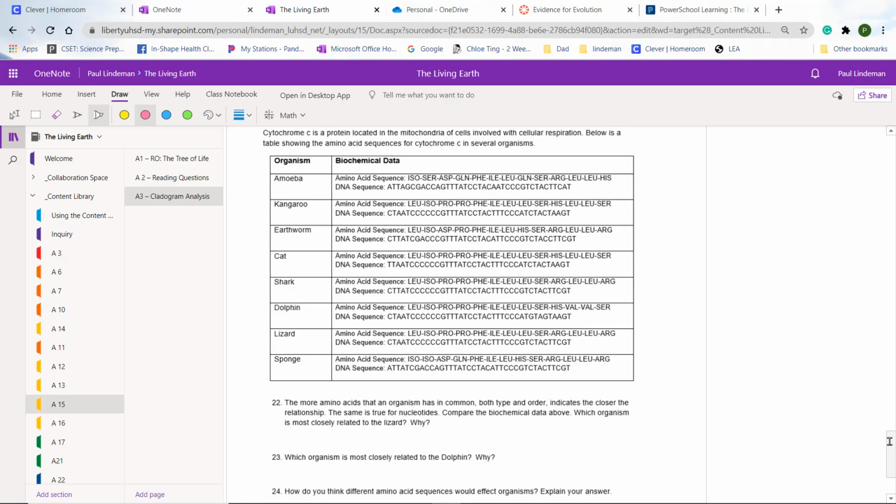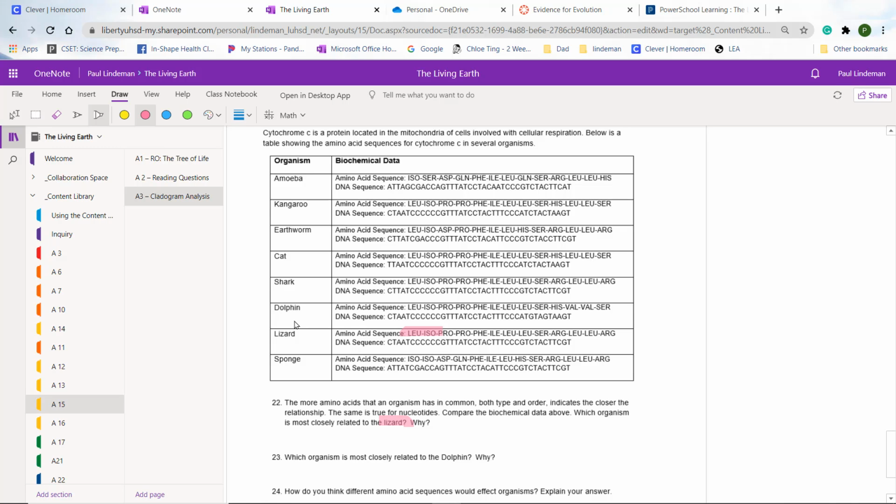the more amino acids that an organism has in common, both type and order, indicates the closer the relationship. The same is true for nucleotides. Compare the biochemical data above. Which organisms are more closely related to the lizard? So we're looking for what is related to a lizard. Here's our lizard, and it starts off with Leu and Ile.